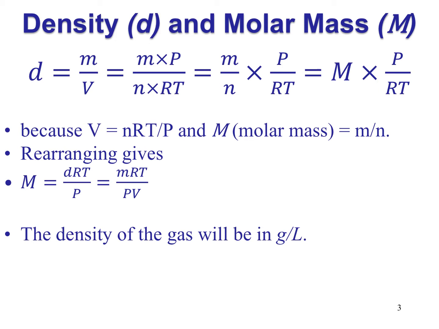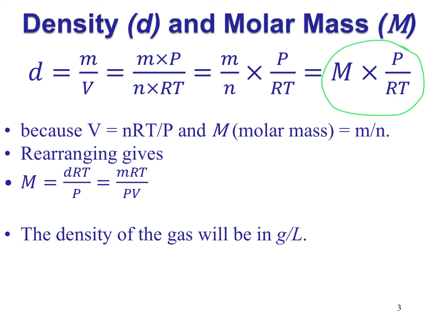Rearrangement gives mass divided by moles times pressure divided by R and temperature. Since mass divided by moles is simply the molar mass, we find that density equals the molar mass times pressure divided by R and temperature.